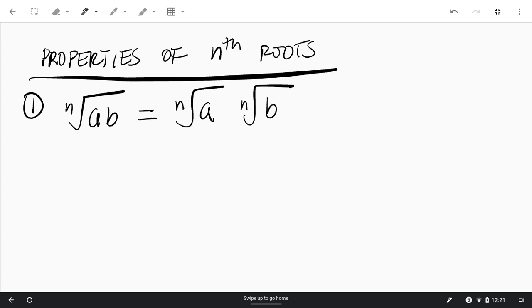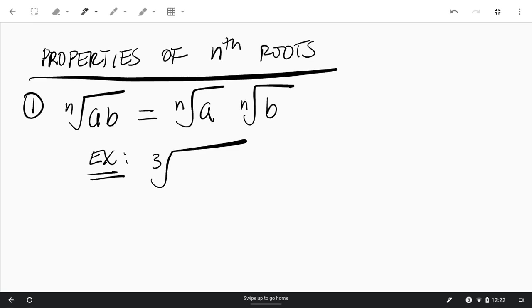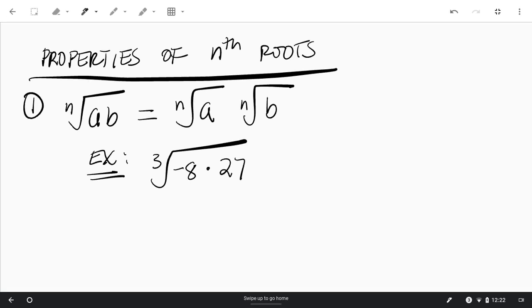Okay, so if you're taking the nth root of a product, you can break them up. Let me show you an example here. Cube root of -8 times 27. We notice that -8 and 27 are both perfect cubes already.